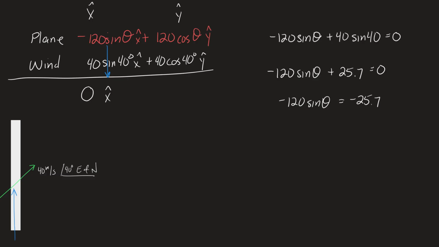I'm going to divide by negative 120. All right, so we see what we have here. Not too terrible, right? The negatives cancel out, and I'll take the inverse sine, and I get 12.4 degrees.